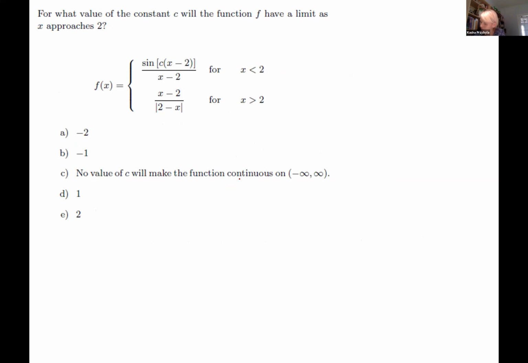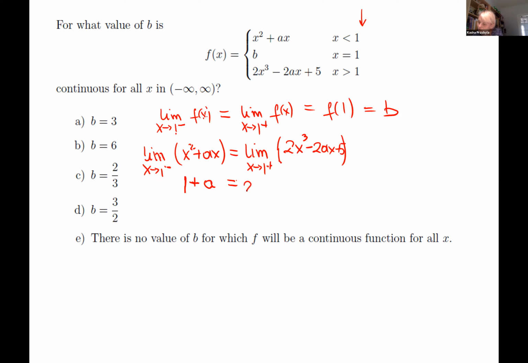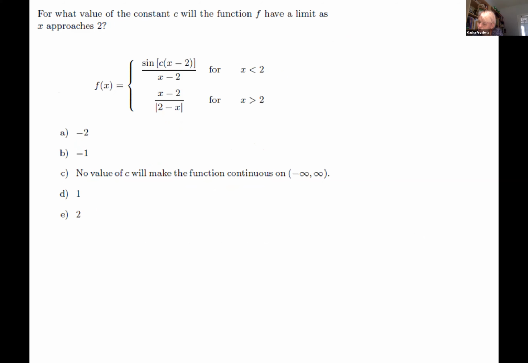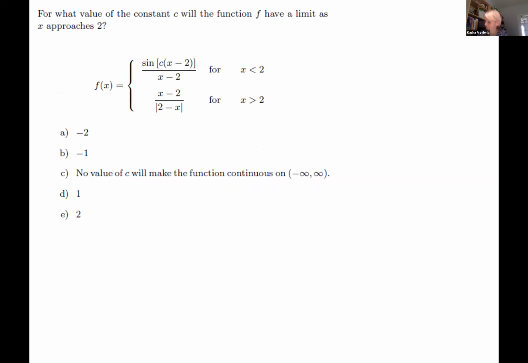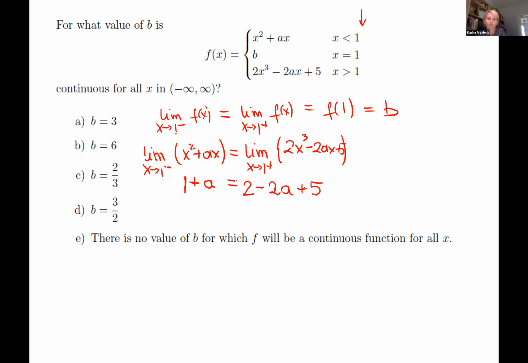Minus 2 times 1, it's 2 times a, and plus 5. Then we have just a really simple equation. We can solve for a.